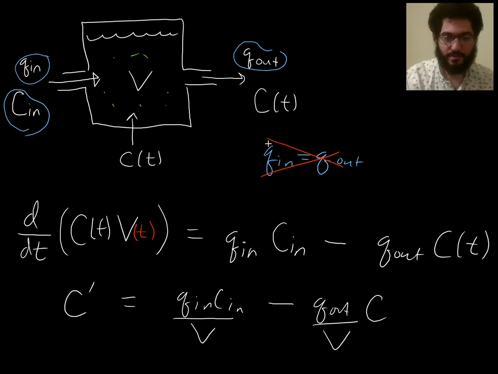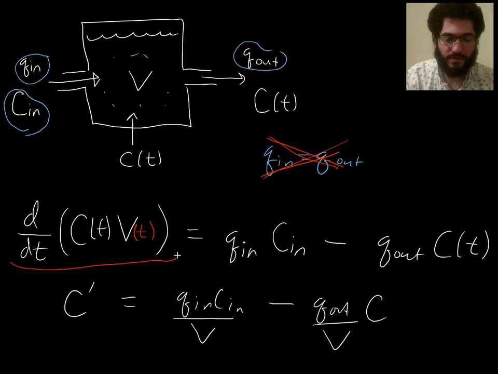But for now, let me just cross off this assumption and assume that these things circled in blue are all constants, but that Q in might not equal Q out. Then V becomes a function of t, and this is no longer valid because this assumed that V was a constant when we took this derivative here.